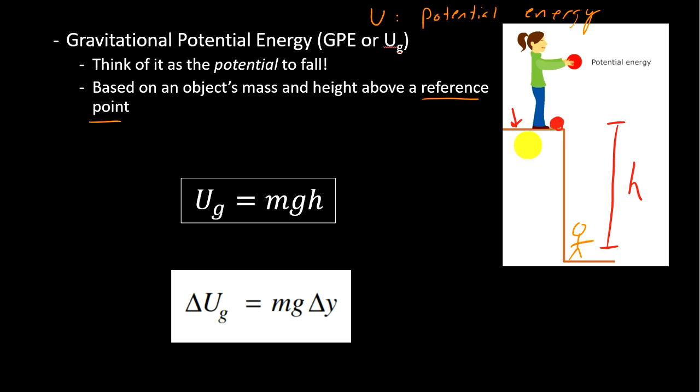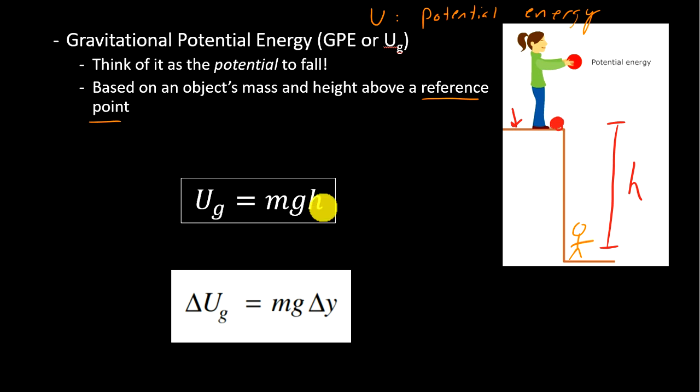If you're on, let's say, the second floor of a building, maybe it's a house, maybe it's an apartment, maybe it's a business, you have gravitational potential relative to the ground below, but not relative to the floor, or at least it would be equal to 0. So gravitational potential energy is really all about some difference, some change in height.